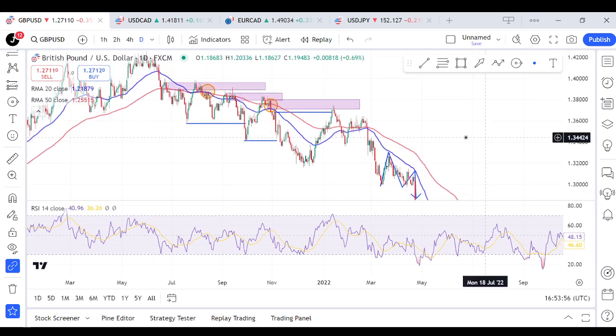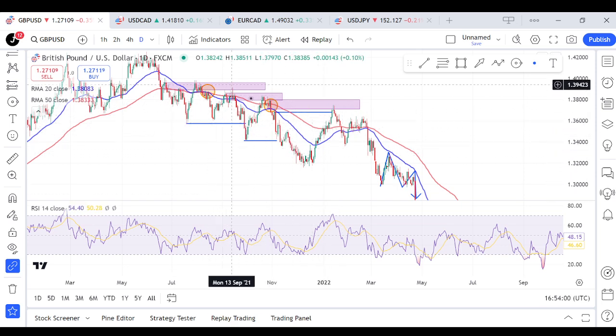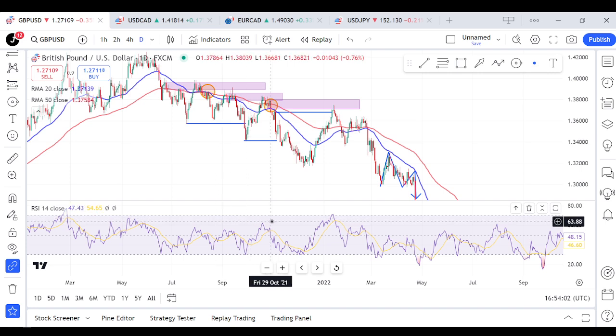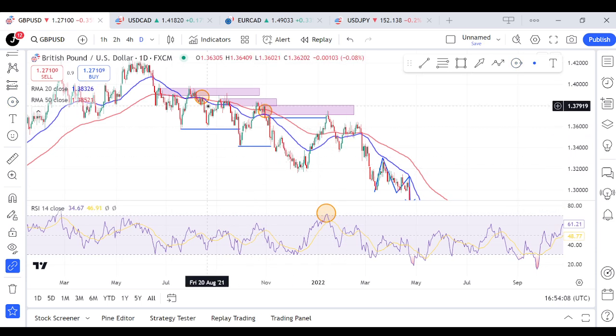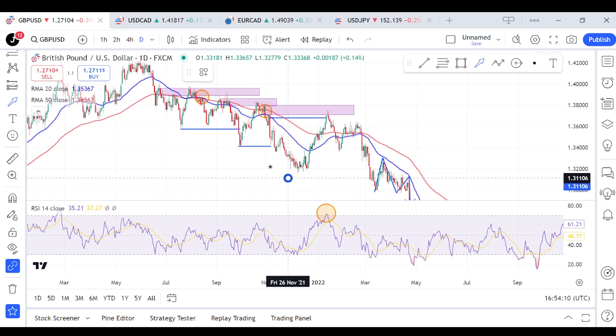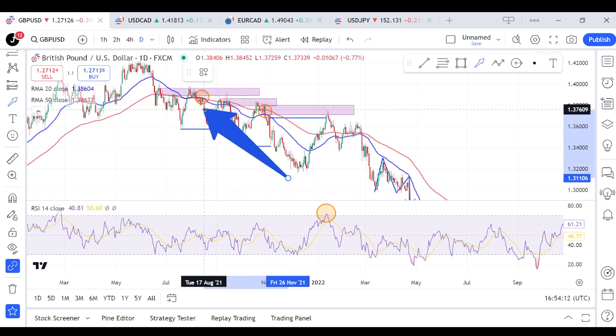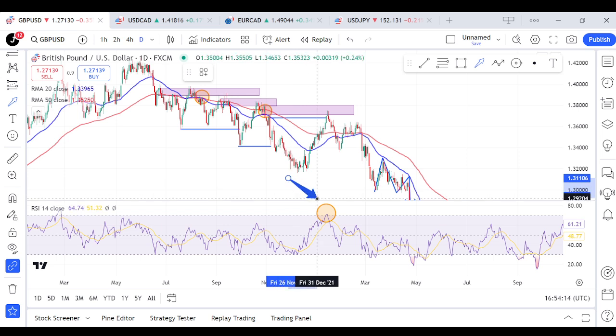Let's look at our selling example, our bearish example. We didn't exactly have an overbought condition in the RSI, but we later had one here after the cross, which happened right here. Remember, this is where the cross happened, and this is where we are getting our confirmation for sales.